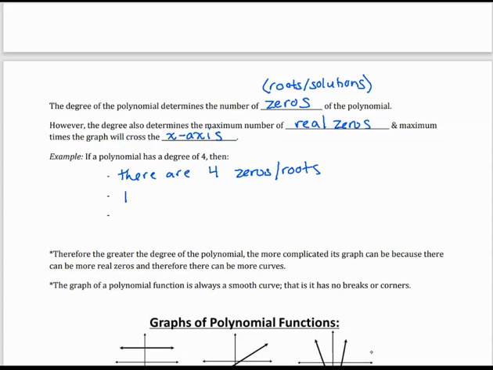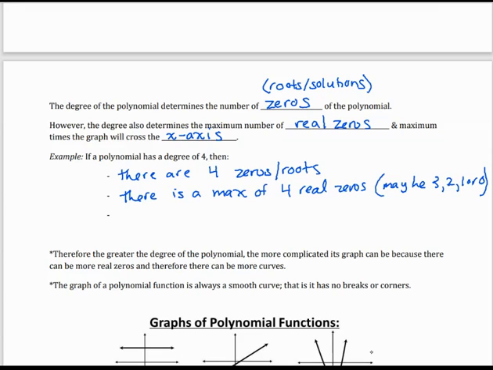Okay, there is a max, though, of 4 real zeros. So there may only be 3, 2, 1, or 0. Everything could be imaginary, so therefore I have 0 real roots, so therefore I cross the x-axis 0 times. Or maybe I have 2 real roots, and then the other 2, because I know I have 4 altogether, would be imaginary.